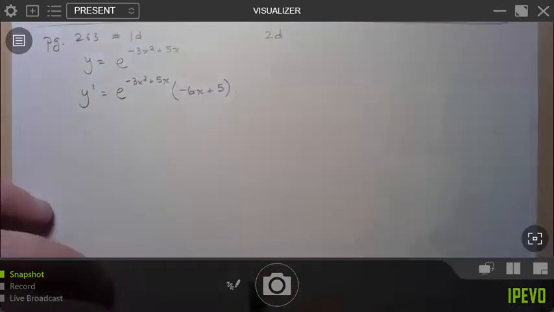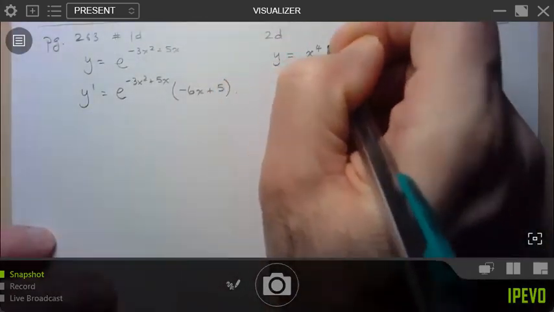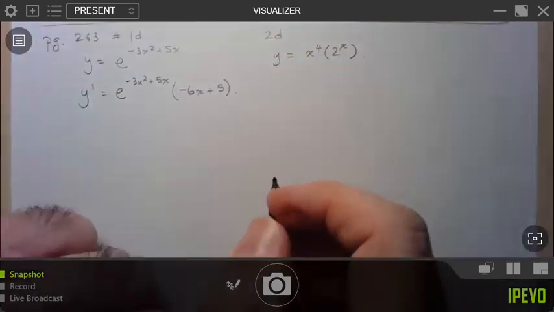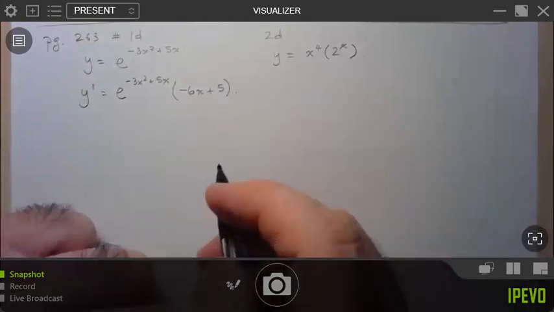So 2D, the derivative of x to the 4th times 2 to the x. So y equals x to the 4th times 2 to the x. Here I'm not going to use the chain rule, but I will have to use the product rule.